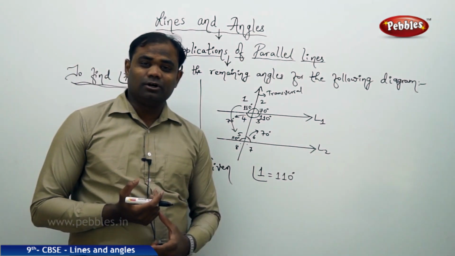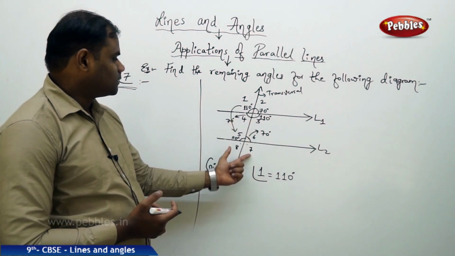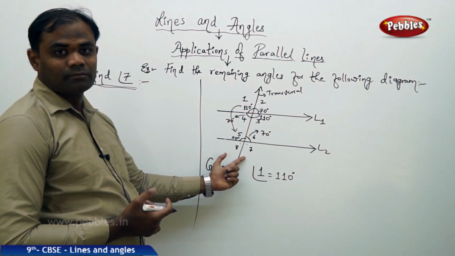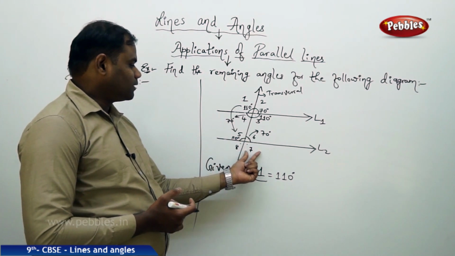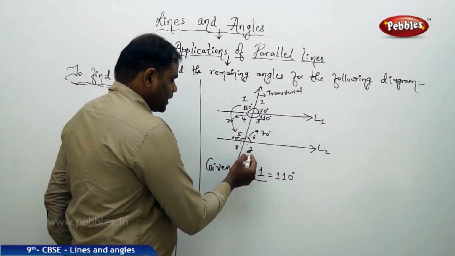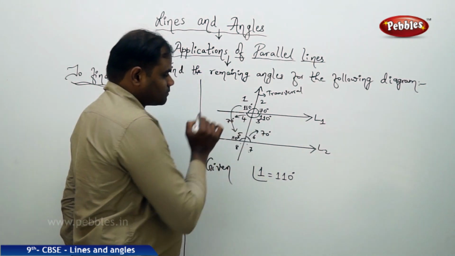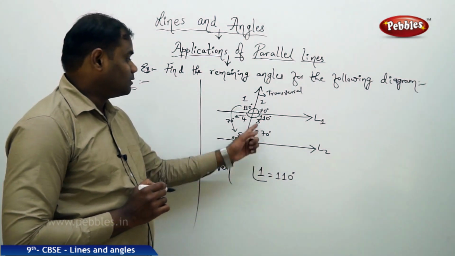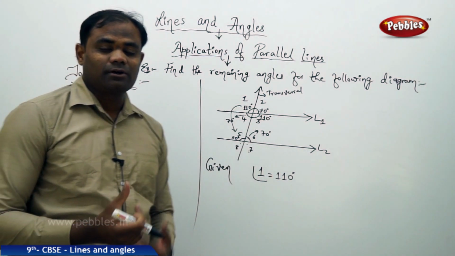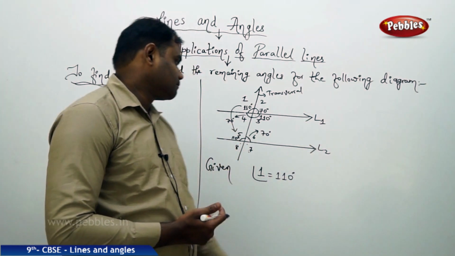Obviously, because vertically opposite angles are equal. Or also we can say 3 and 7 are corresponding angles. So you can either utilize angle 5 equals angle 7 or angle 3 equals angle 7, because 7 acts as vertically opposite angle for 5 and also acts as corresponding angle for 3. So let me take the concept of corresponding angle to find angle 7.